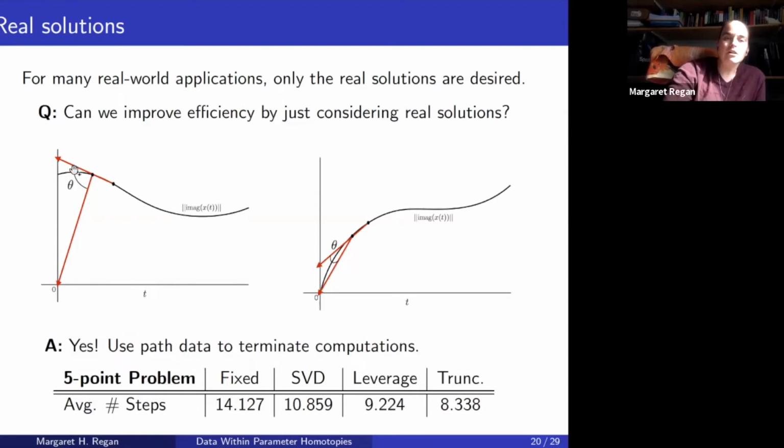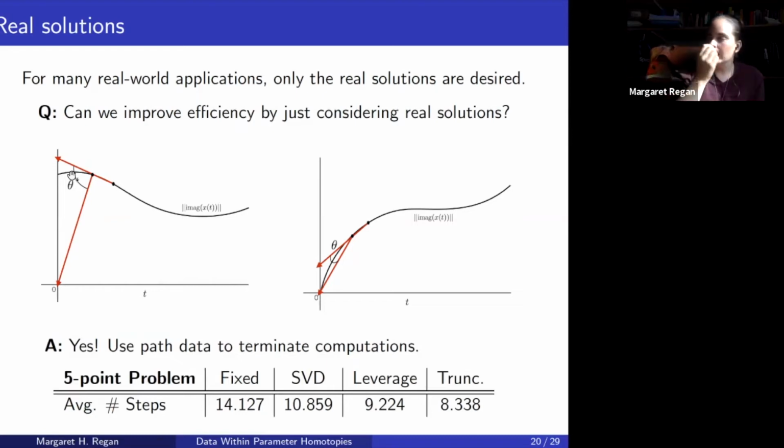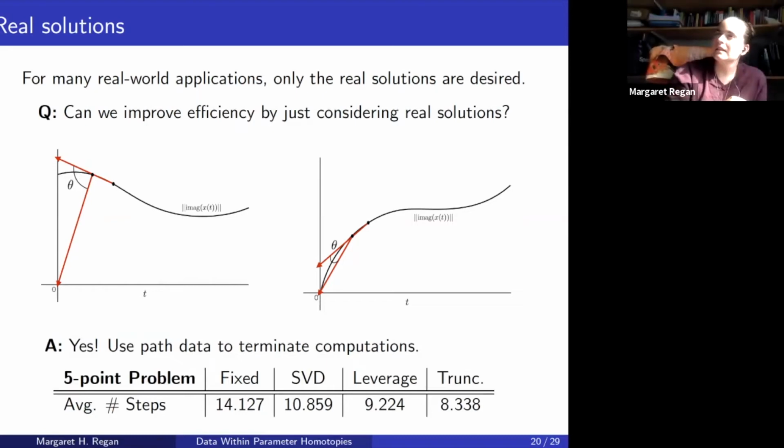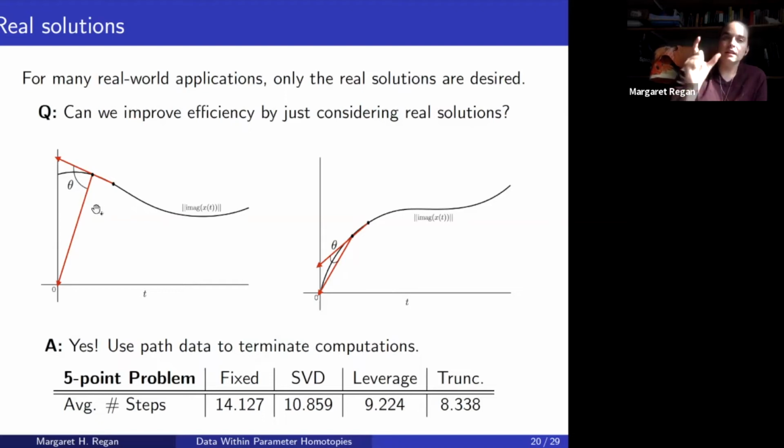And if this angle is larger than some value, I can't remember what we heuristically set it to for the 5-point problem, but what we say is, if it's large enough, there's no chance in the little path tracking interval that's left for it to get back to having a 0 imaginary part, which would then make the solution real.